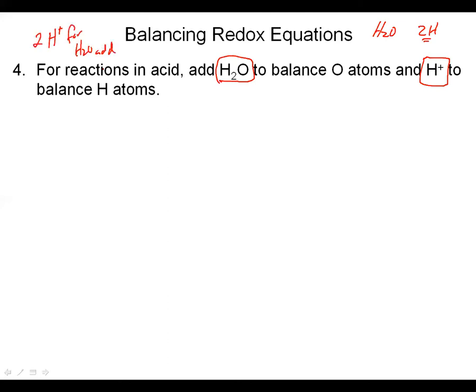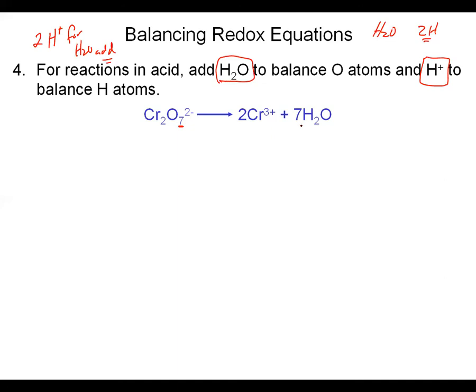So basically one side will get the water, the other side will get a couple of hydrogens, H+. Again, that's going to balance out both the oxygen and the hydrogen. It also means that if for some reason you start with a half reaction that has more hydrogen on one side than the other, you can just add the H+ in to balance it out as well. So in this case, before we started, we had 7 oxygens on the left, none on the right.